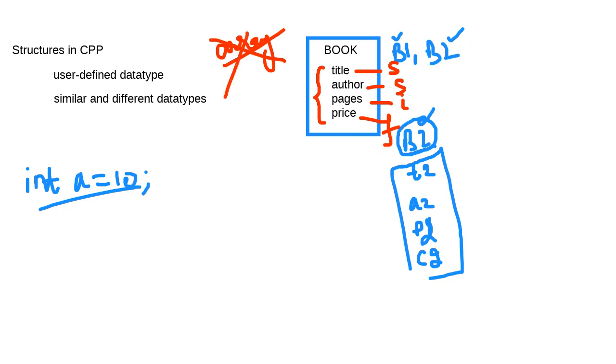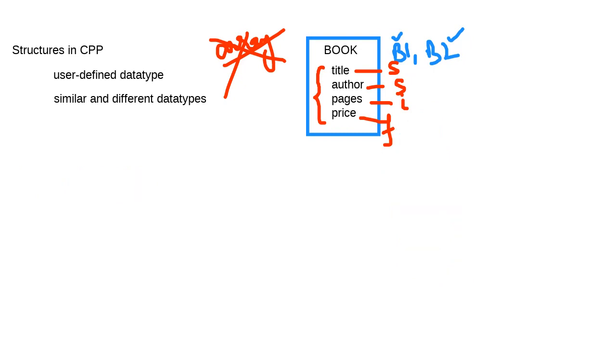To bundle together the information which is of different data type, what do we need? We need another data structure, or not data structure, data type, right? Which is user defined and which is called structure, right? So what will I do? I'll use a keyword struct, right? And I'll give the name to the structure. What is the name of the structure? Book, right?